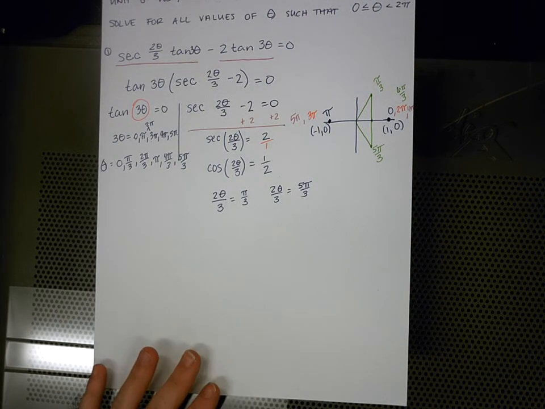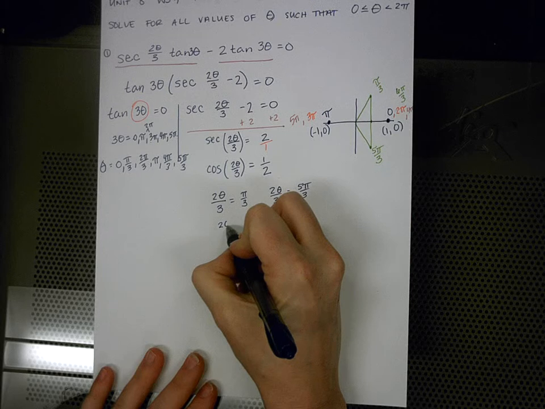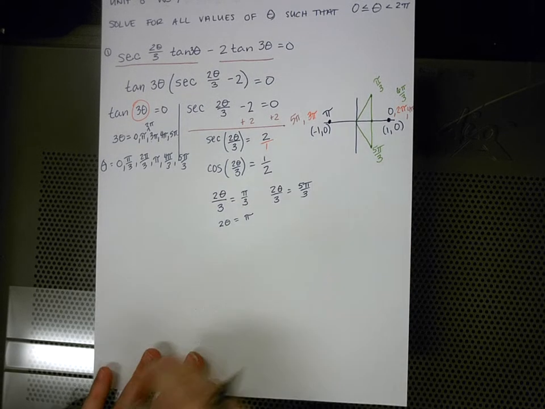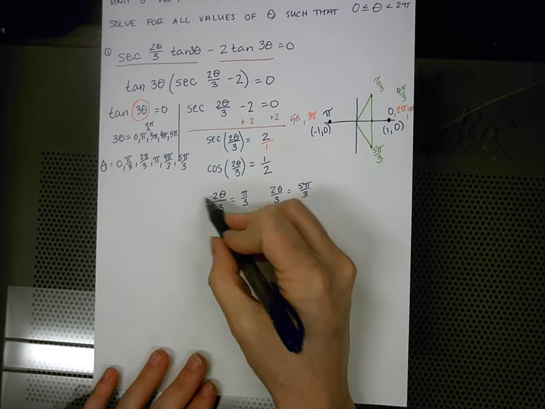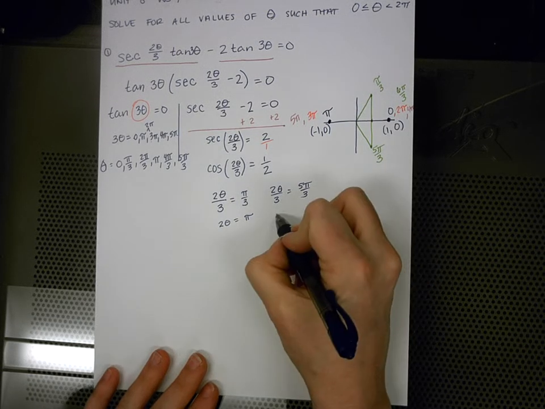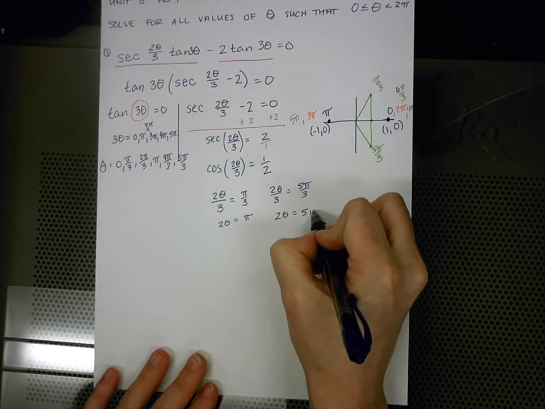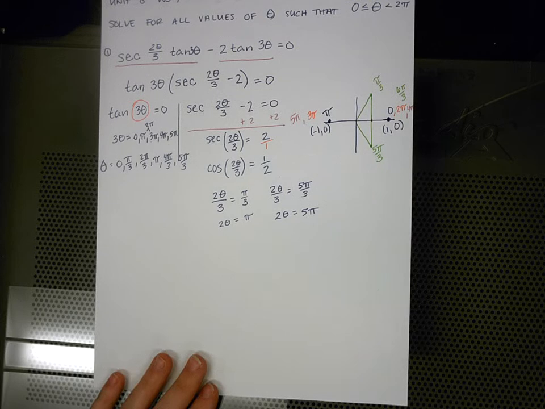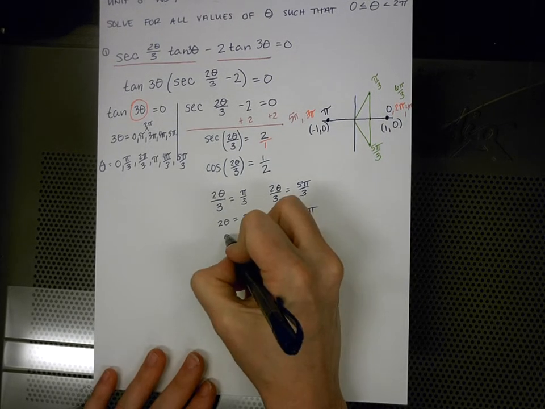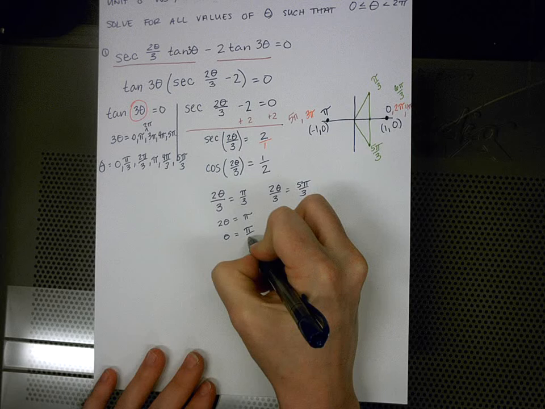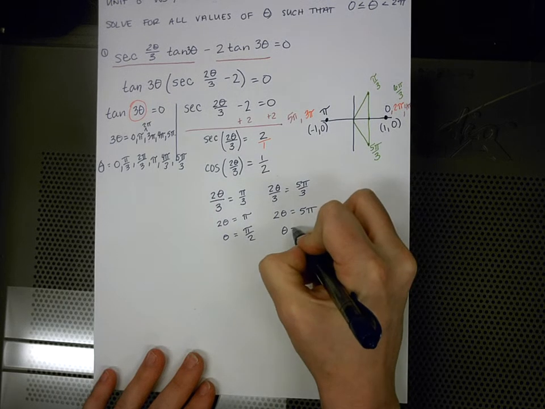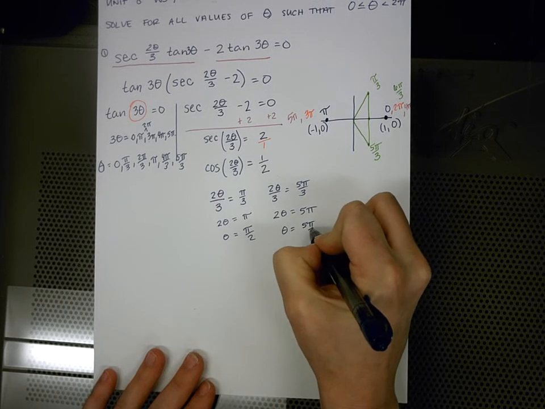All right, so this would give me 2 times theta equals pi, because if I multiply both sides by 3, the 3's would reduce, and this would give me 2 times theta equals 5 pi. Which means if I divide by 2, I would get pi over 2 and 5 pi over 2.